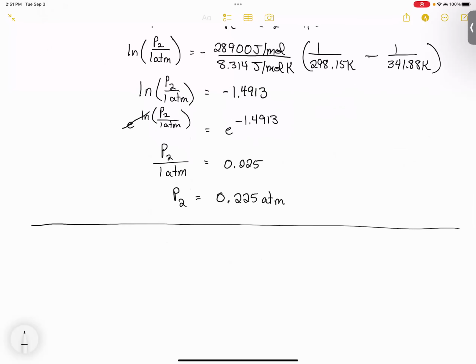Okay, so hopefully that now gives you two examples that you can perform the Clausius-Clapeyron equation based off of, to give you something to look over and help you along the way as you're learning to do the Clausius-Clapeyron. Now what we're going to get into is heating and cooling curves.